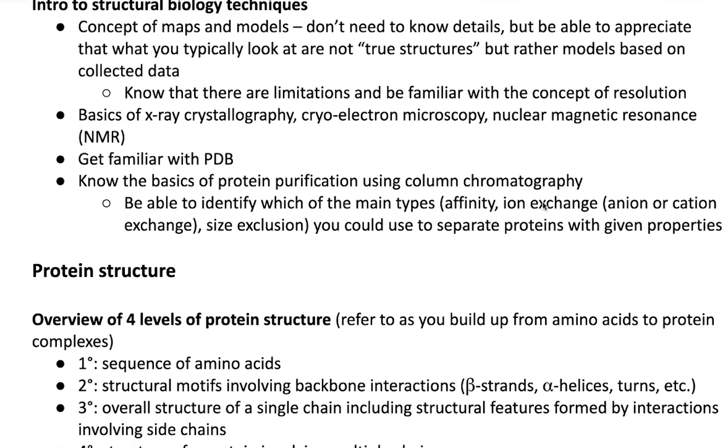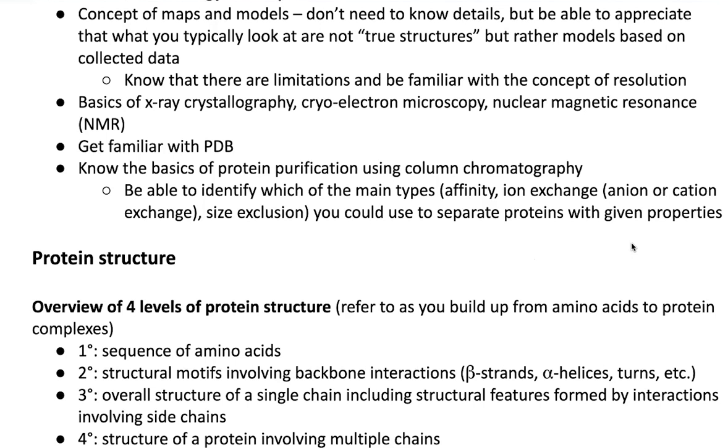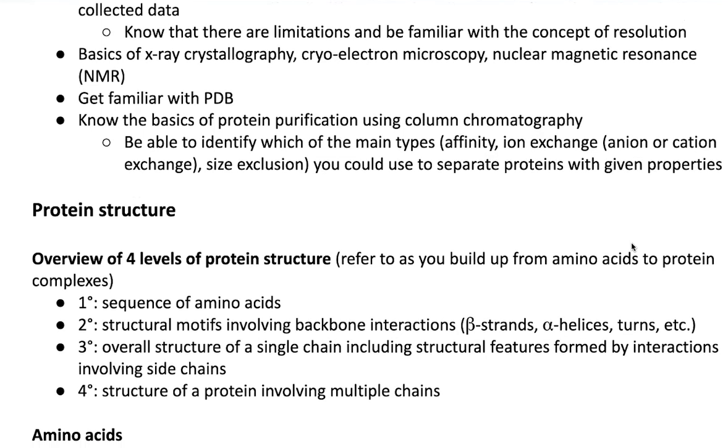Ion exchange, anion or cation exchange, separates based on charge. Size exclusion, as the name suggests, separates based on size, and is also called gel filtration. Be able to identify which of these types you could use to separate proteins with given properties. If I were to give you a couple of proteins and tell you about their various properties, be able to tell me what technique you could use to separate them.